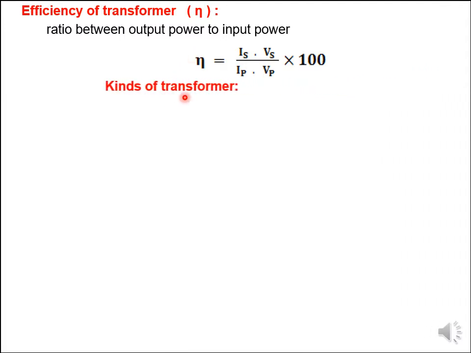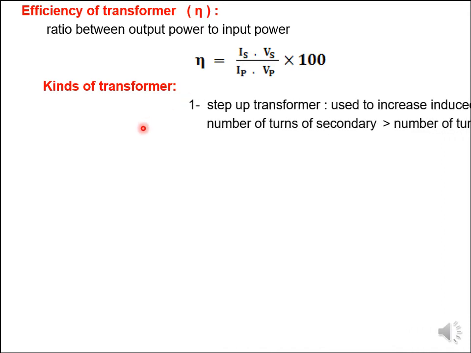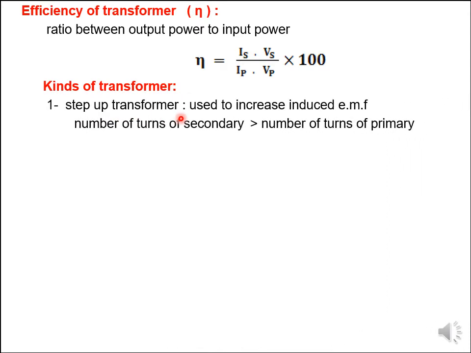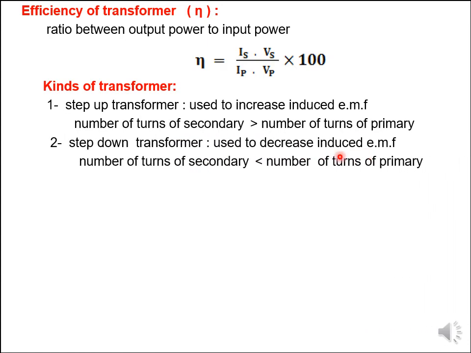Kinds of transformer. First, the step up transformer, used to increase induced EMF. The number of turns of the secondary is greater than the number of turns of the primary. After that, the step down transformer, used to decrease induced EMF.